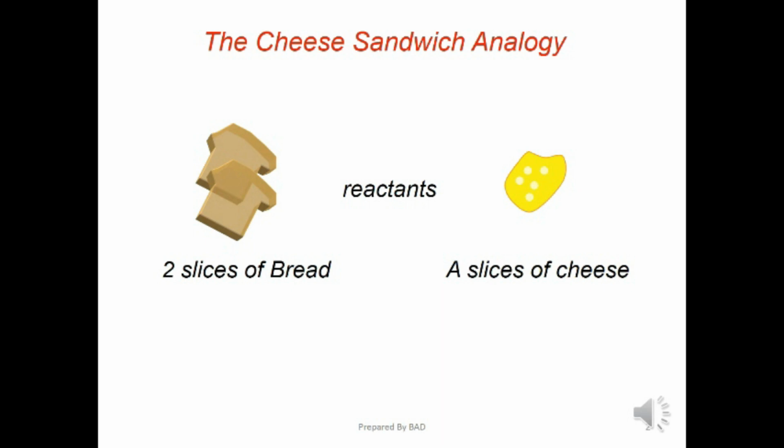So, bread and cheese are reactants and cheese sandwich is the product. The stoichiometry ratio to make a cheese sandwich is 2, 1, 1. 2 slices of bread react with 1 slice of cheese to produce 1 cheese sandwich.